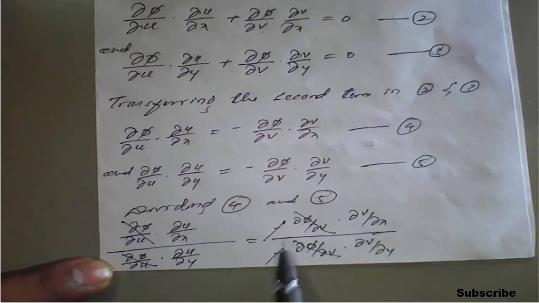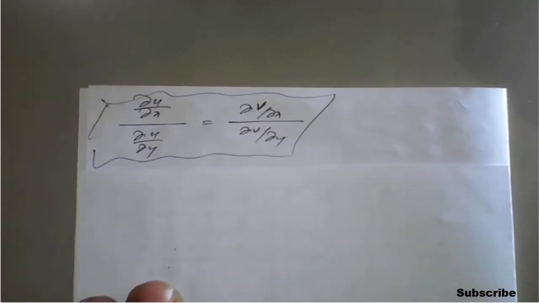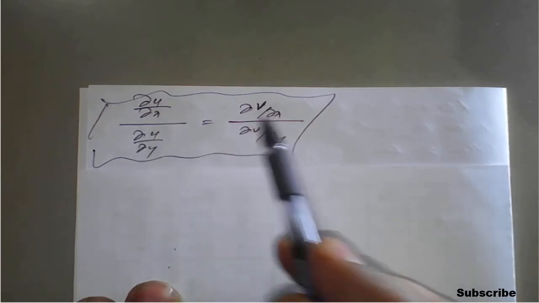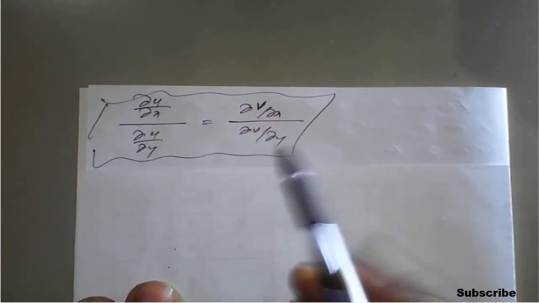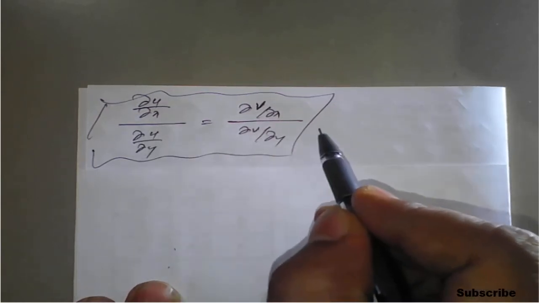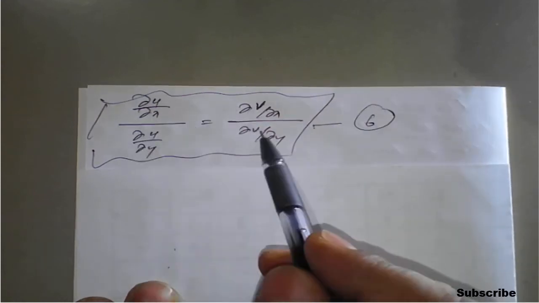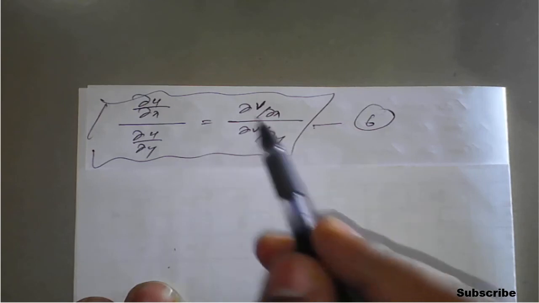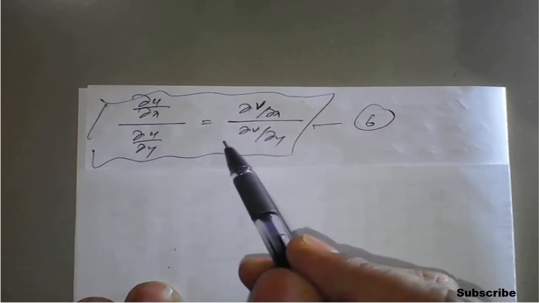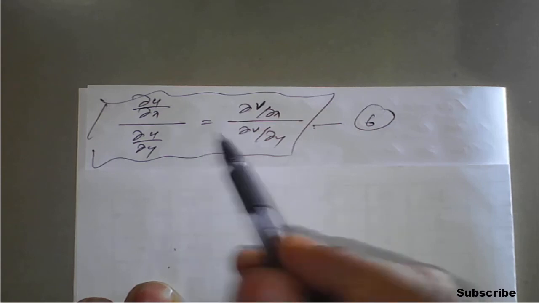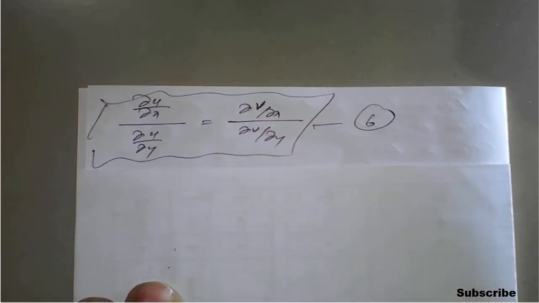We write this as dou u by dou x upon dou u by dou y is equal to dou v by dou x upon dou v by dou y. You remember this result, number 6. While solving the examples, we'll use this result directly, and we can complete the examples now. Based on this, we'll see how the examples work out.